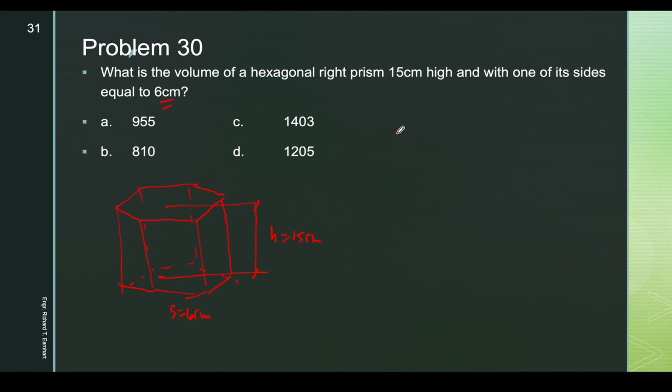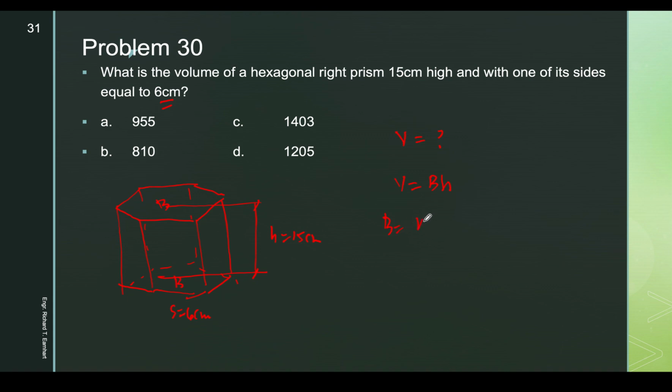Now the volume, we're asked for the volume, okay, of the hexagonal right prism. The volume is equal to the base area multiplied by the height. So this is also the base area, and this is the area of a regular hexagon.